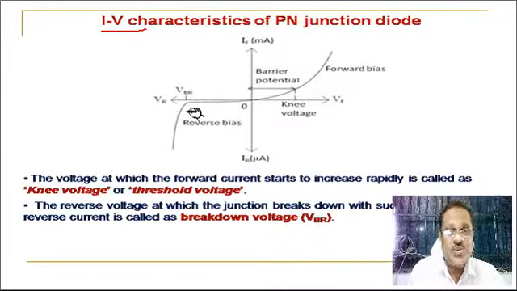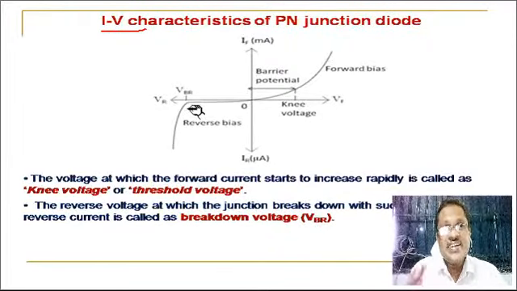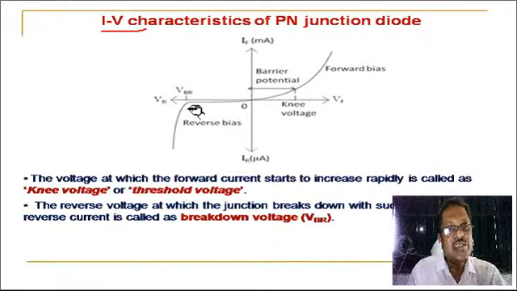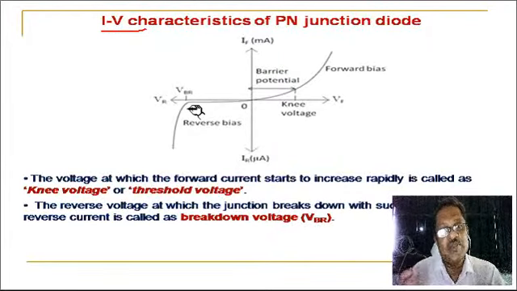At high reverse voltage, the kinetic energy of the minority charge carrier electrons becomes high, and due to this high kinetic energy, some of the electrons are knocked out from the semiconductor atoms, and as the electrons are knocked out, the covalent bonds break.